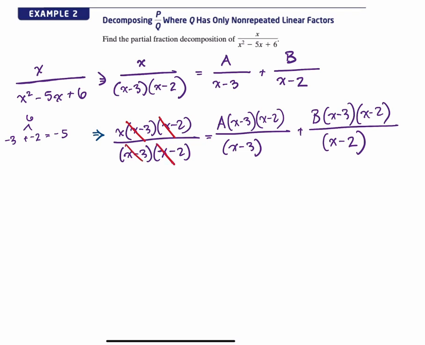For our a term, the x minus 3's will cancel. And for the b term, the x minus 2's will cancel. So we're left with just x equals a times x minus 2 plus b times x minus 3. We've essentially just cleared all of the fractions by multiplying the entire equation by our common denominator.